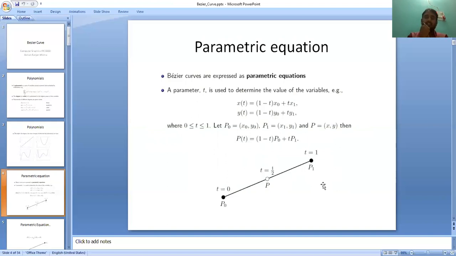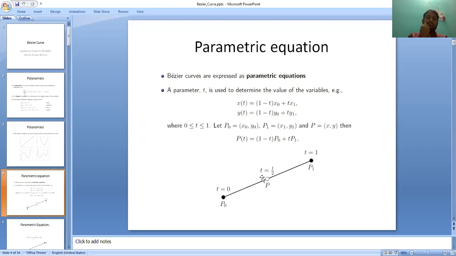Again, when t is equal to 1, you can say that this term will be 0 and this term will be 0, but this will be x1 and y1. So x is equal to x1 and y is equal to y1. So when t is equal to 1, this point has full contribution in determining x and y.